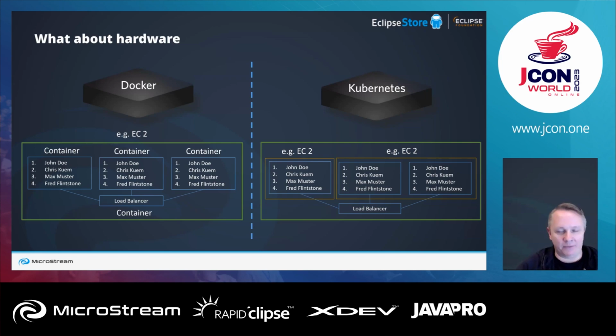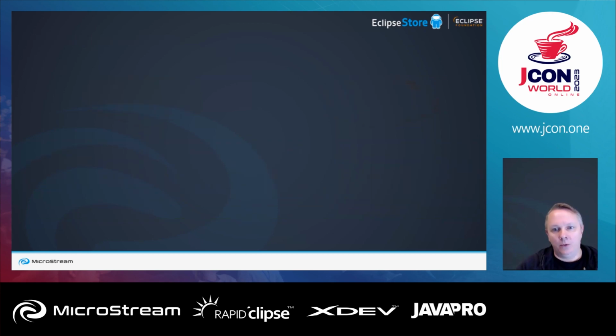But Kubernetes itself is highly complex, I would say a lot more complex than Docker, also on the security side. But in our specific case, on the journey to make MicroStream or EclipseStore scalable, we have to use Kubernetes because we need it.